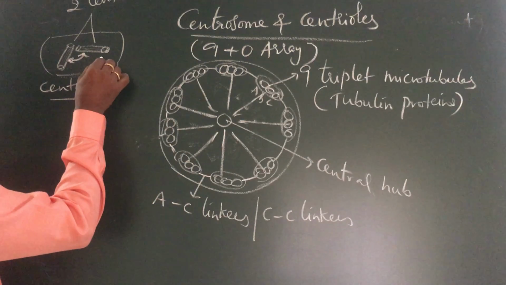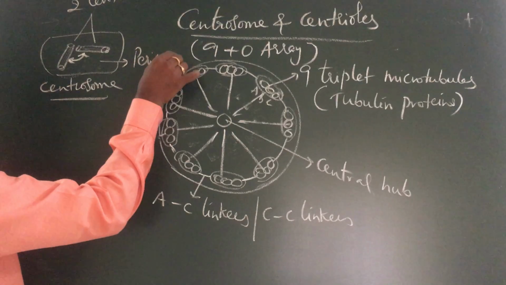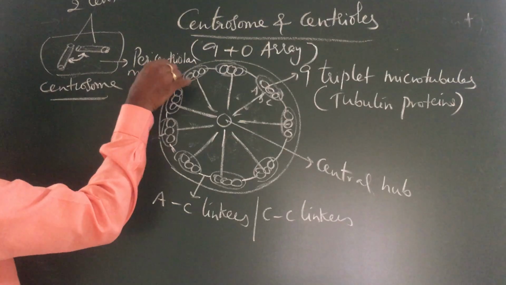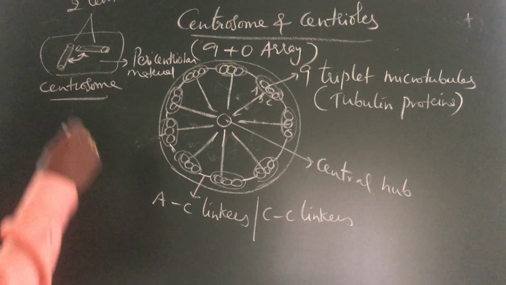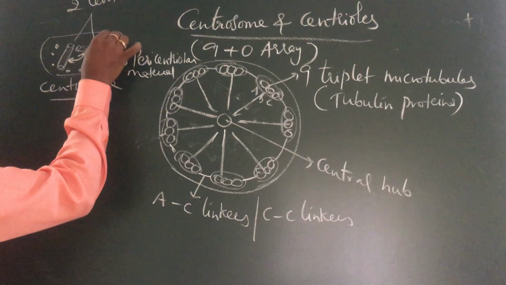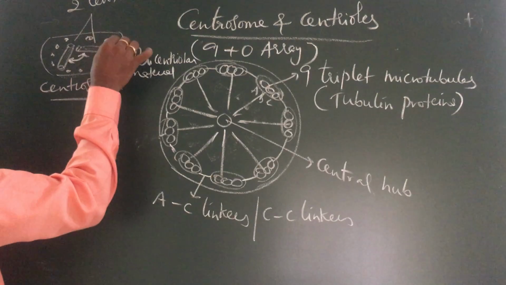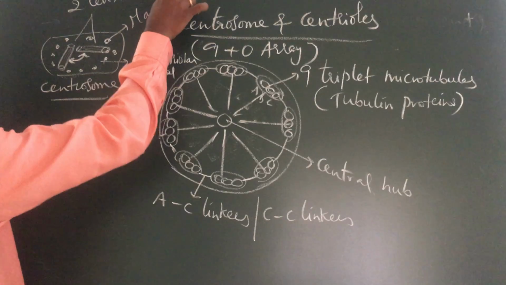Okay, right. Here this is pericentriolar material. On the surface, they are totally surrounded by macules.